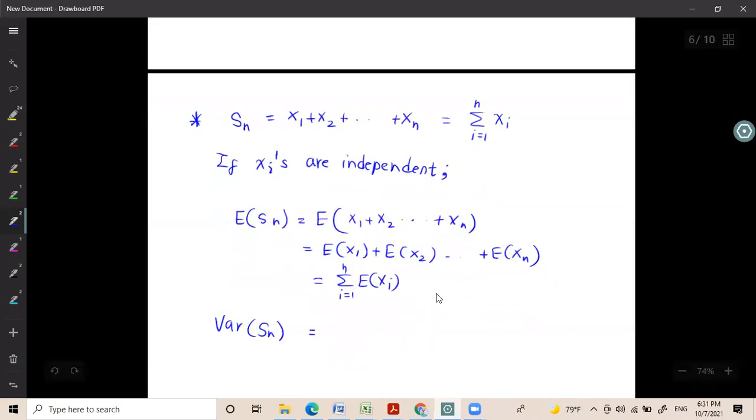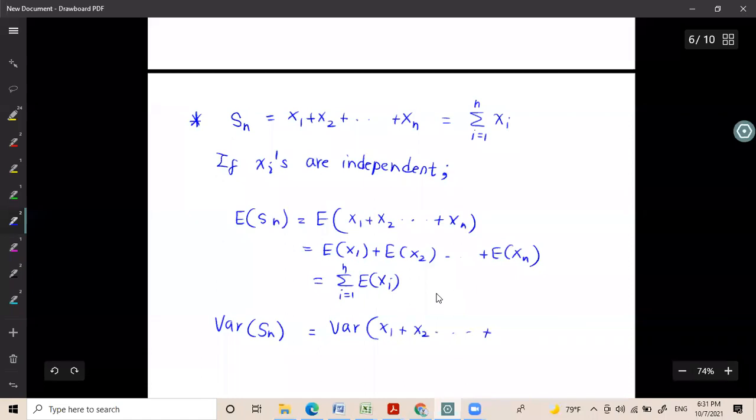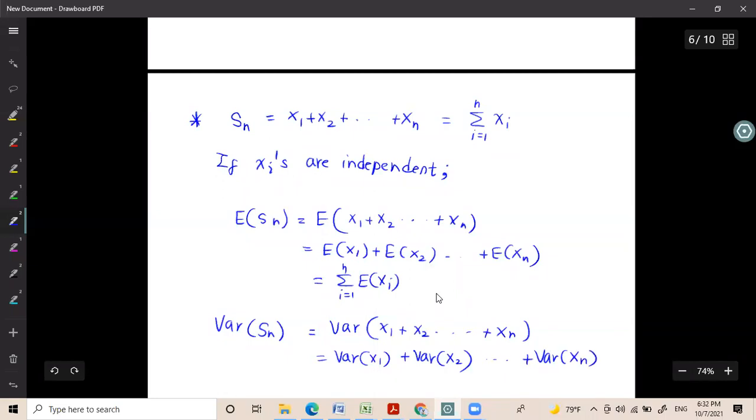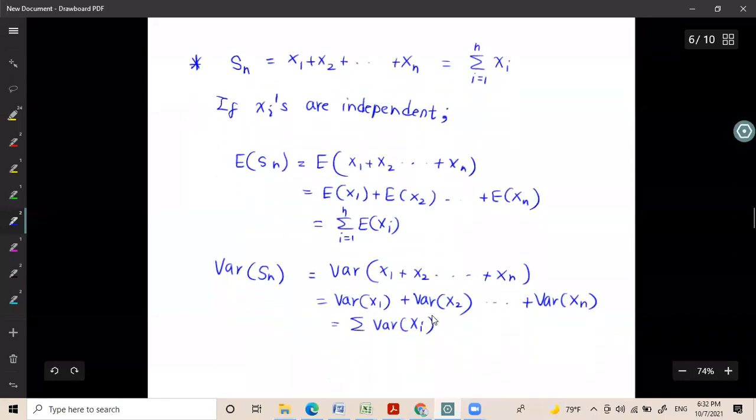If they are independent, this will be the variance of X1 plus X2 all the way up to Xn. Since they are independent, you can write the variance of X1 plus the variance of X2 plus up to the variance of Xn, and you end up with the sum of Var(Xi), i from 1 to n.